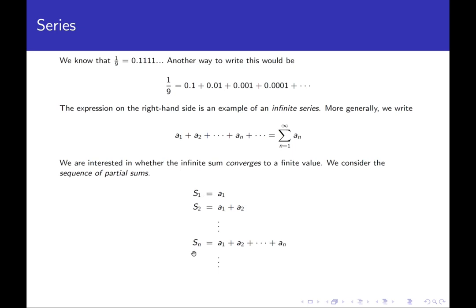The nth partial sum would be the sum of the first n terms. This is how we're going to determine whether or not a series converges. We'll say that the series converges if the sequence of partial sums converges to a number, and the series diverges if the sequence of partial sums diverges.